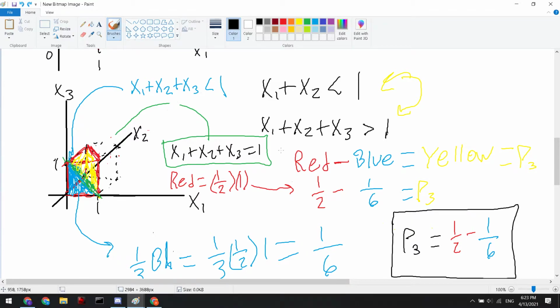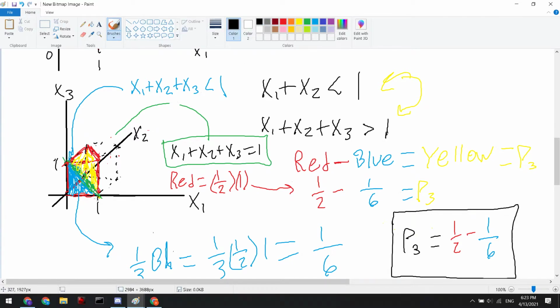But we want when the summation is greater than 1, but x1 plus x2 is less than 1, which means that we want to be outside of the blue but inside of the red, or what I've labeled in yellow. Again, same idea.